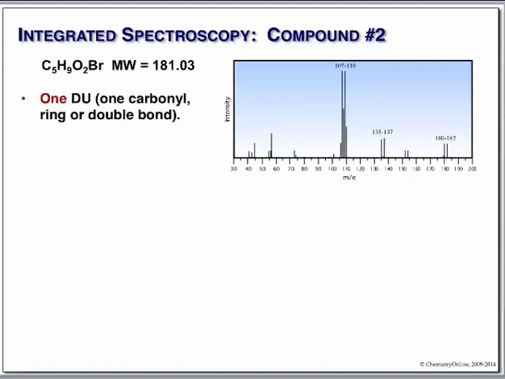Now, if we look at our mass spec here, this is our molecular ion, and it has 2 molecular ions separated by 2 mass units, and that's because of our bromine.